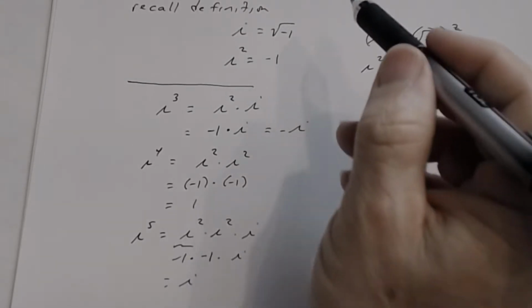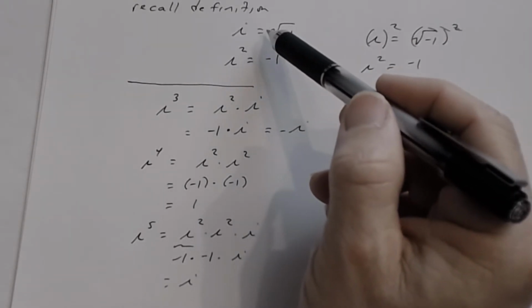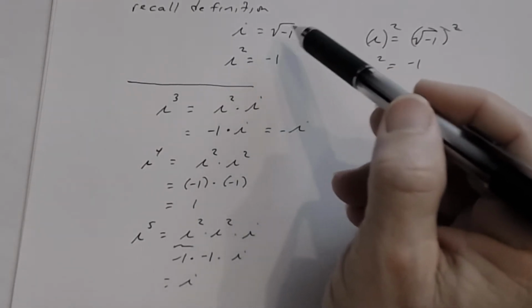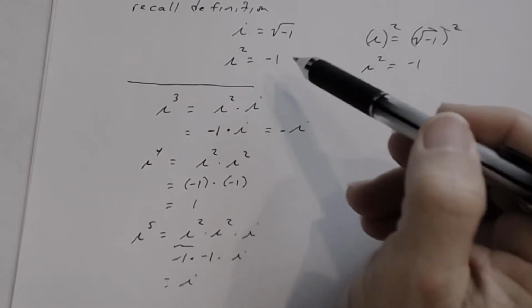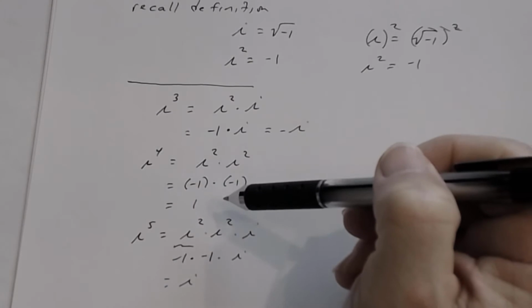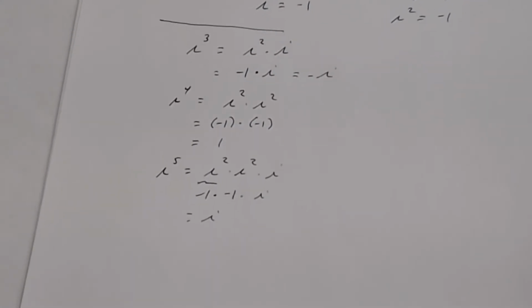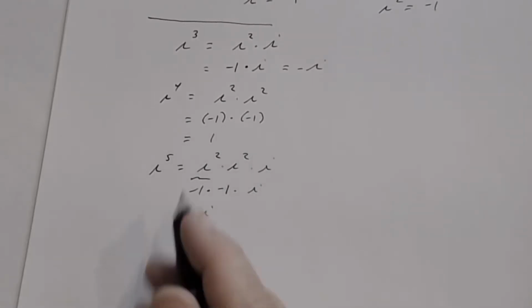So we're back to the fact that i to the first is i, i to the second is negative 1, i to the third is negative i, i to the fourth is 1, and i to the fifth is i.